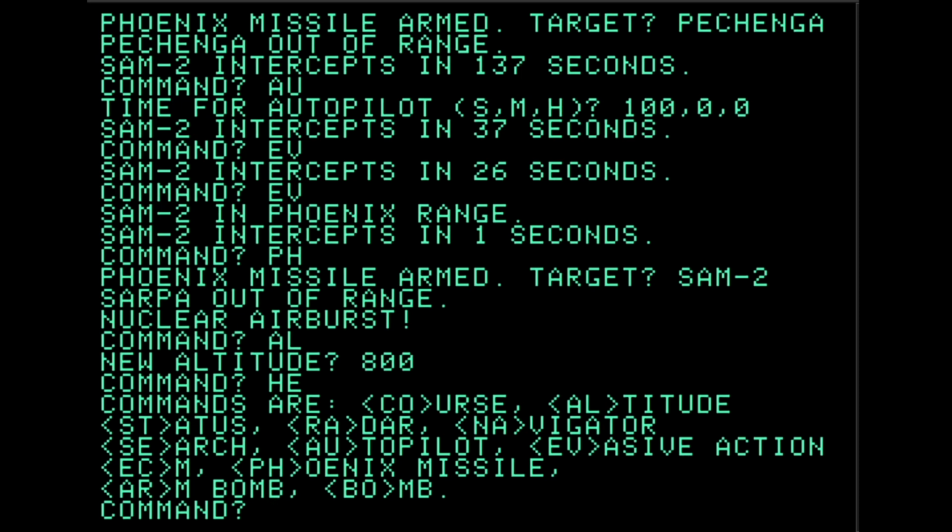I suspect that what I should have done was type the number 2 as the target for the missile. I also think, trying to remember this from when I played this 40 years ago, that if you use a Phoenix missile on a surface-to-air missile and it's very close to your plane, you can still get caught in the airburst.